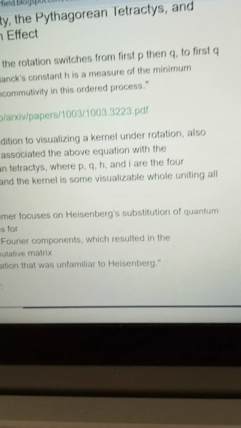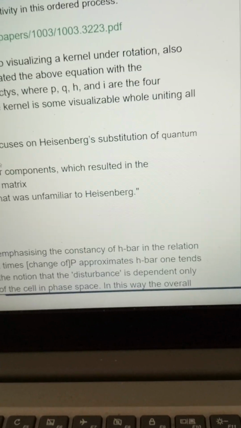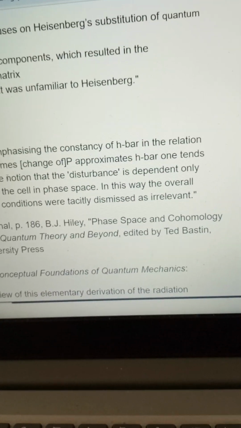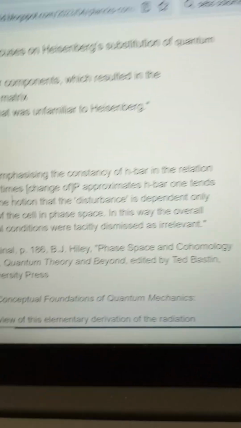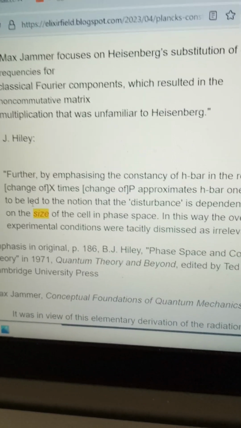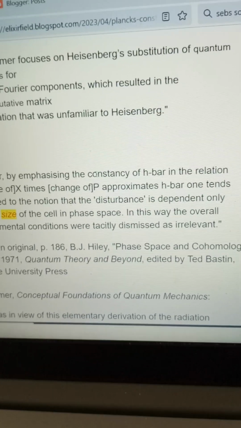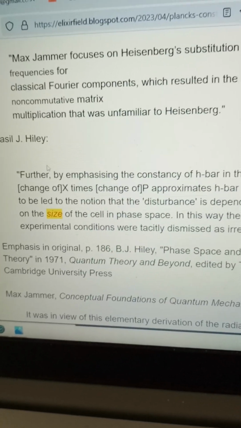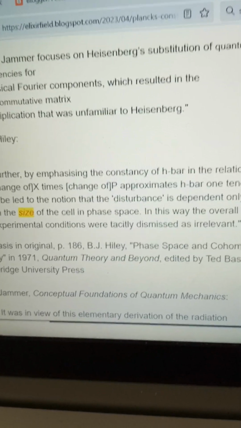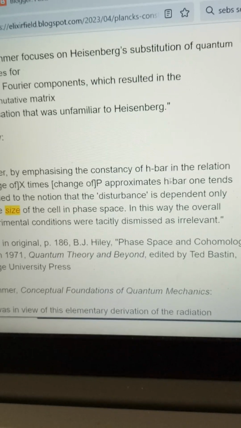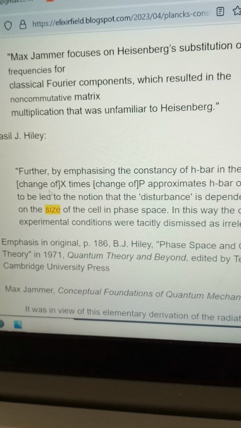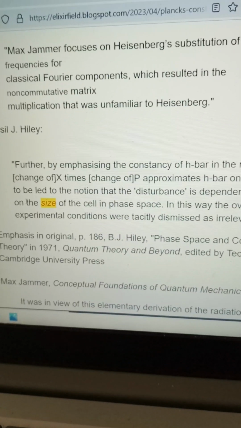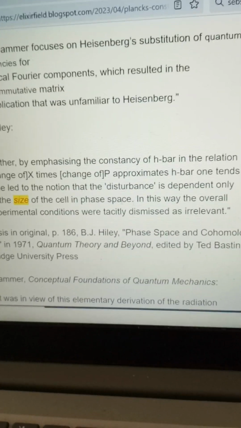Normally you would think of it in Fourier analysis as a differential, but Basil Hiley in an earlier paper says, by emphasizing the constancy of h bar, which again is Planck's constant divided by 2 pi, and the relation of the change of position to the change of momentum approximates h bar, one tends to be led to the notion that the disturbance is dependent only on the size of the cell in the phase space.